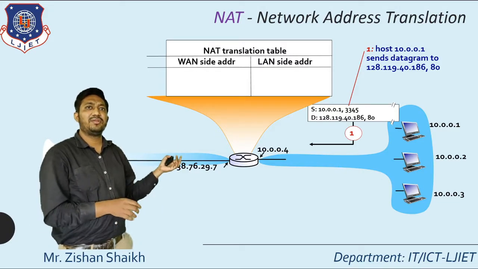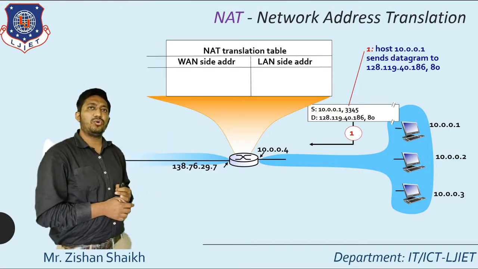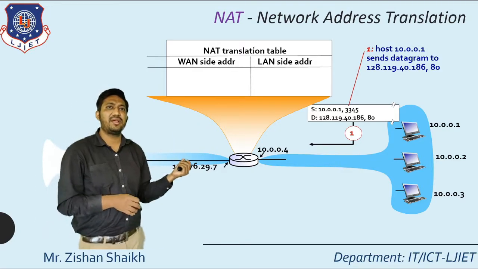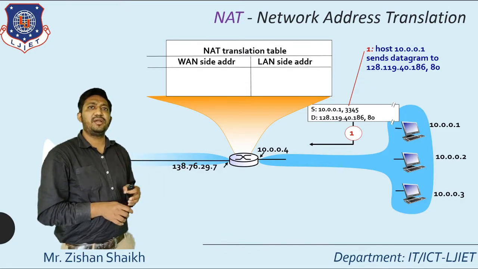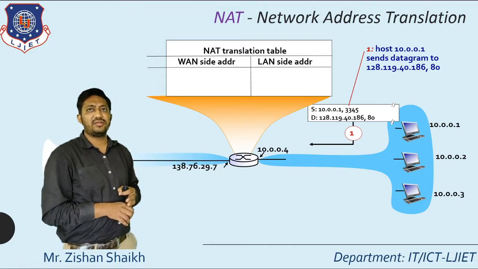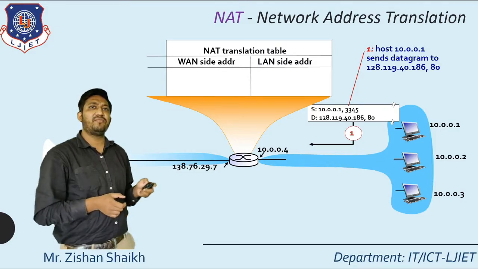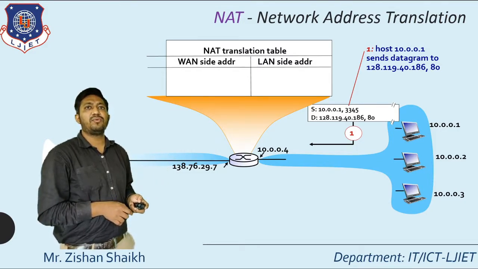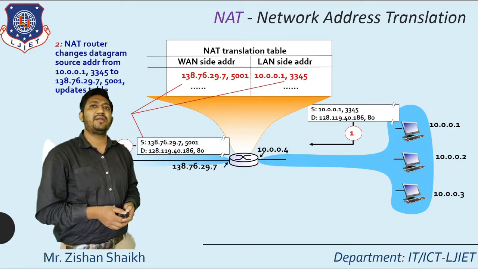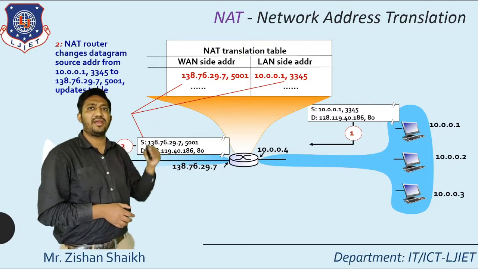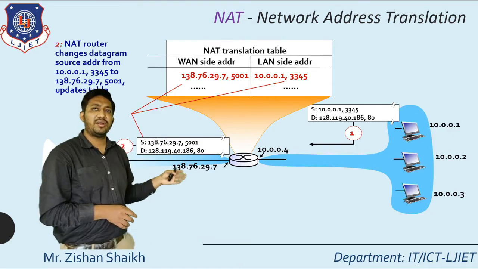That device makes a request as a host, with some IP address and port number. NAT converts that IP address into a specific IP address maintained in the NAT table, and that entry is maintained for that particular host. The new IP address then moves to the outside.